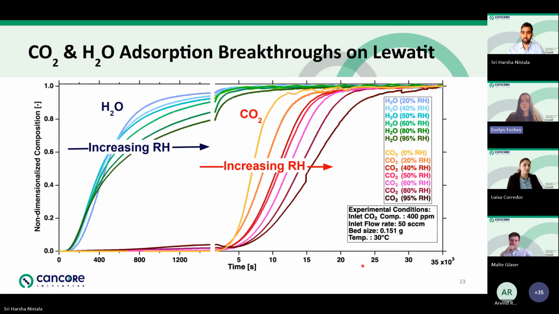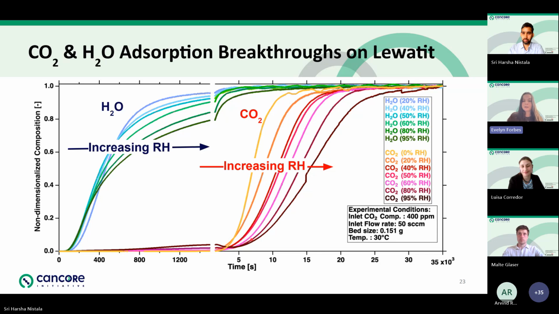So these breakthrough curves are an example of what this instrument can do. So this is on luteite, a material that Harsha mentioned previously. And these experiments are conducted at 400 ppm CO2 at various relative humidities and at 30 degrees C. The yellow breakthrough curve is at 0% relative humidity, whereas on the far right, the dark red is at 95% humidity.